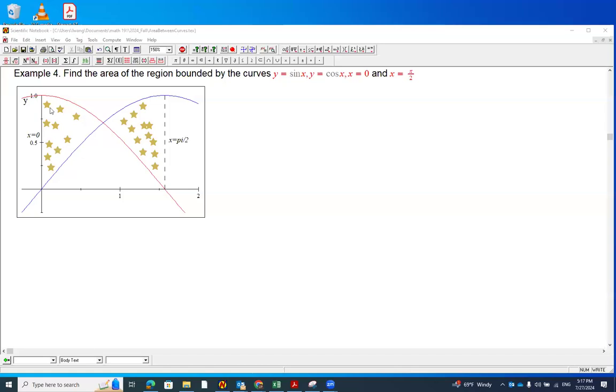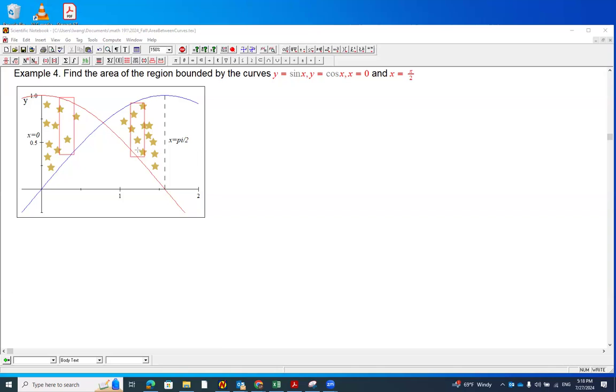On this piece, the red is above. On the other piece, the blue is above. And if we test drive our typical slice, obviously the height is different.